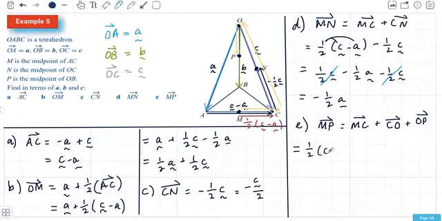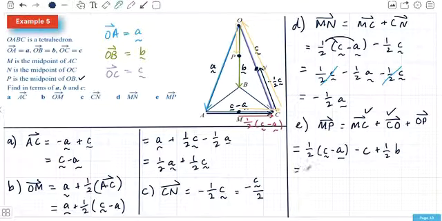M to c is a half of c minus a. CO is actually c, but it's the wrong way, it's backwards, so that's minus c. I'm just ticking them off as we go. And O to P, we know that this vector here is B, and this is only half. We know it's half because P is the midpoint. So to go from O to P is going to be plus a half B.